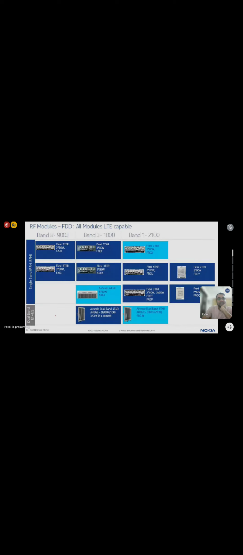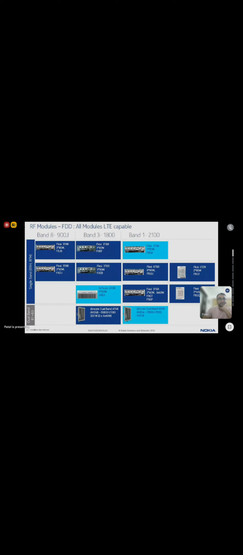FXEBB 2 modules are supporting 1800. Similarly, these are the 2100 band modules, and these are the TDD or maximum RF modules. So these are some descriptions of the RF modules.